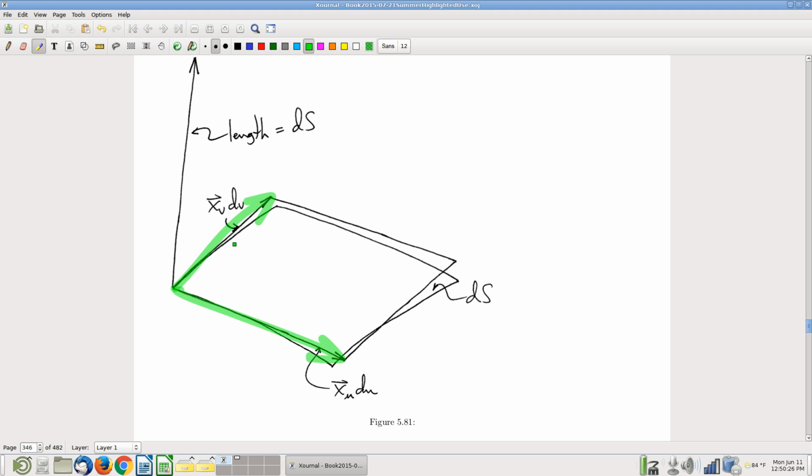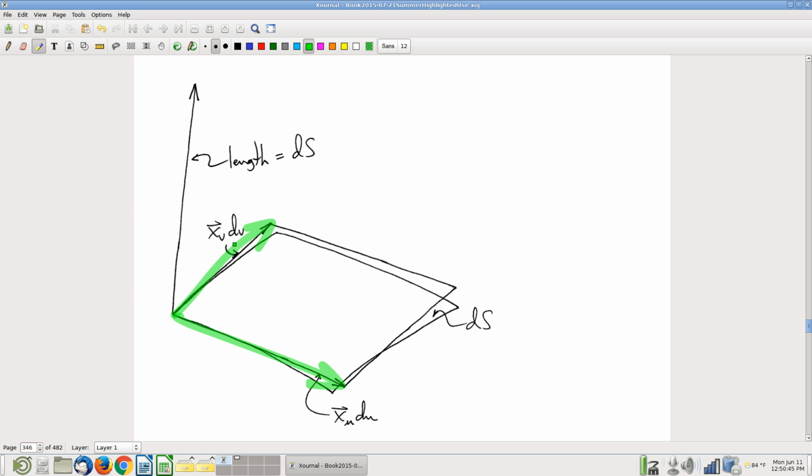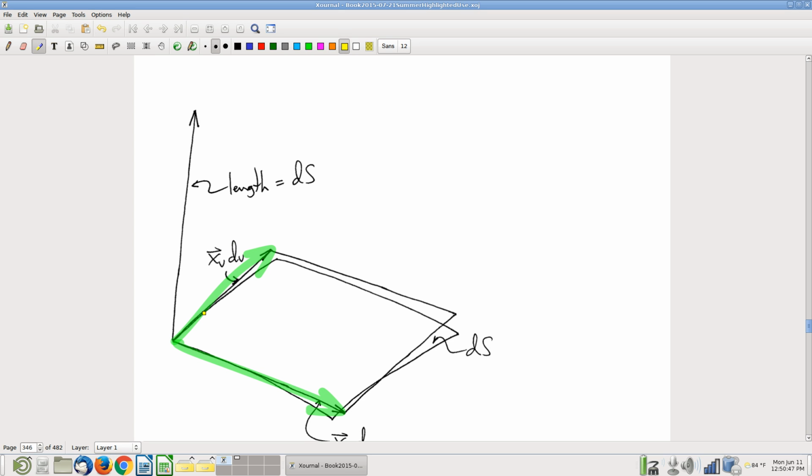We're interested in this little piece of area. The area of this kind of sort of parallelogram-ish bent little shape, piece of a surface. It's not exactly this parallelogram, but come on, in the limit, it's going to be well approximated by that parallelogram. That parallelogram has an easy area to compute. Its area is the magnitude of the cross product.